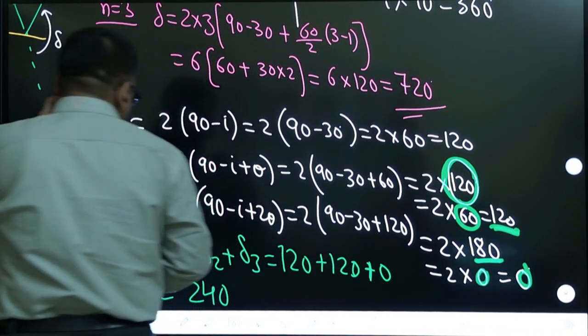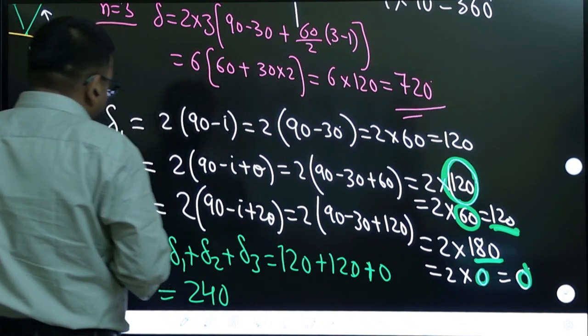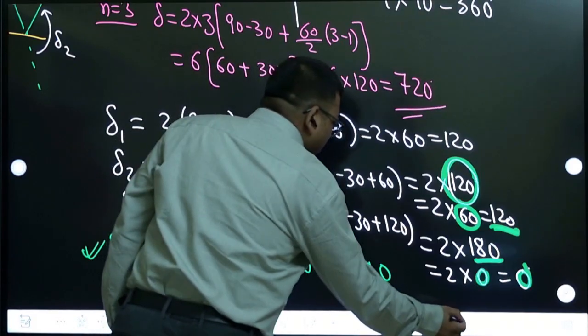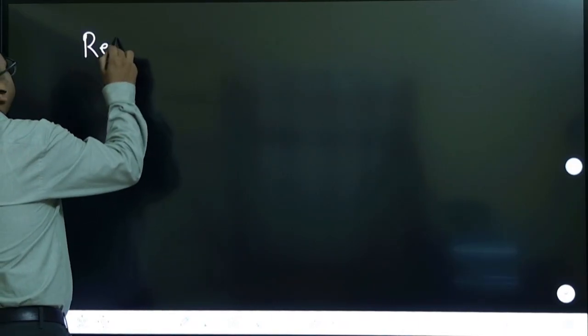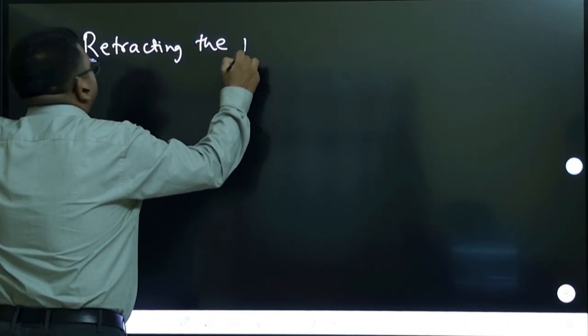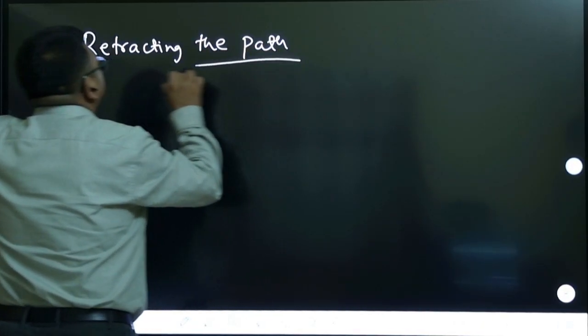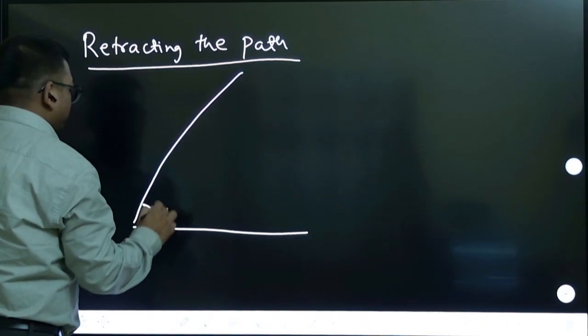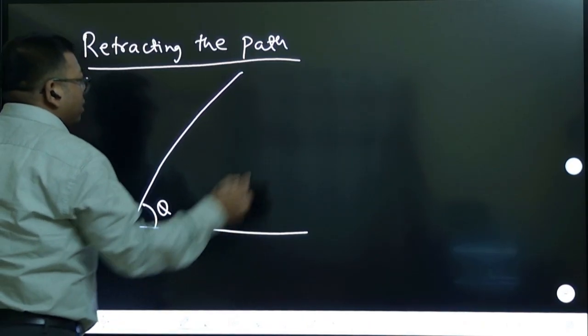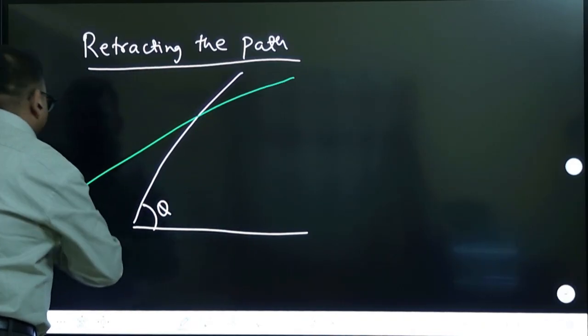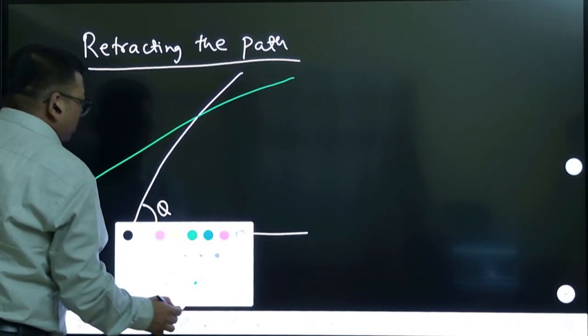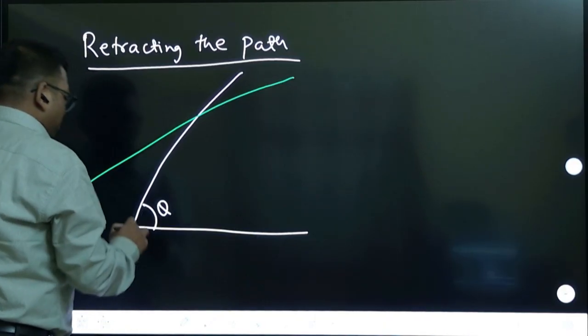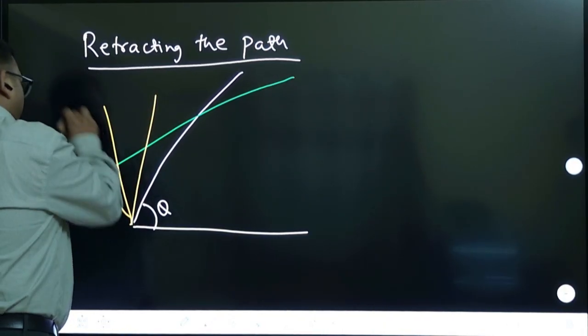Retracing the path is a very important concept, and many questions come on it. Retracing the path means what? Suppose this mirror is there and the ray is coming here, like I am now drawing it as a straight line. So we are just taking this as theta, theta, theta like that.